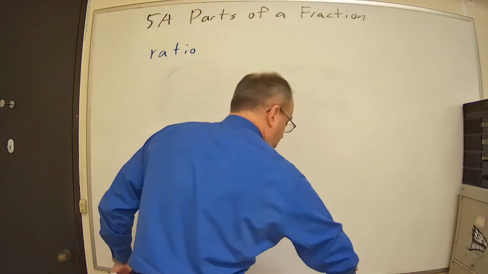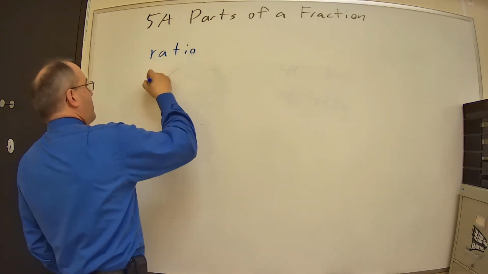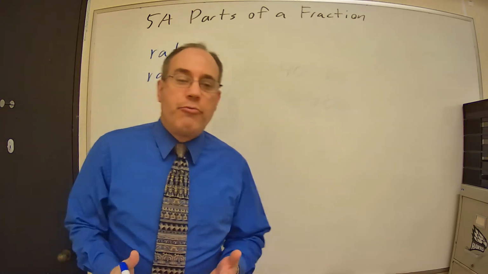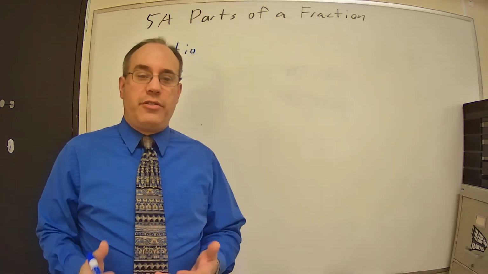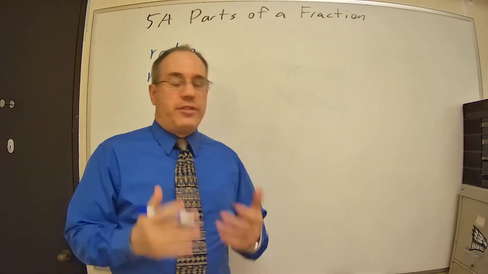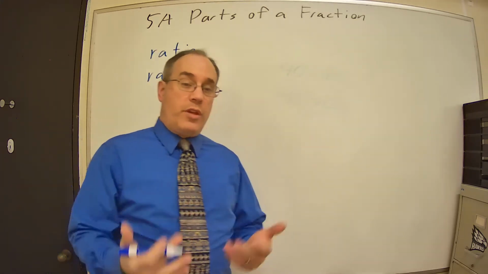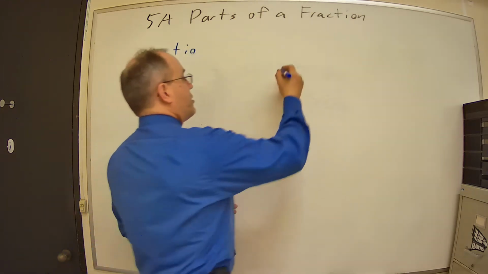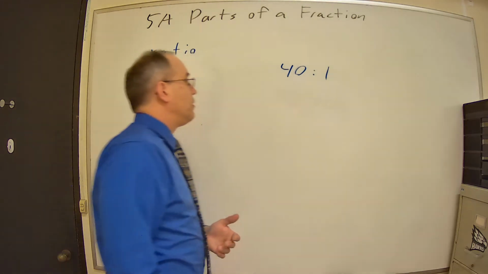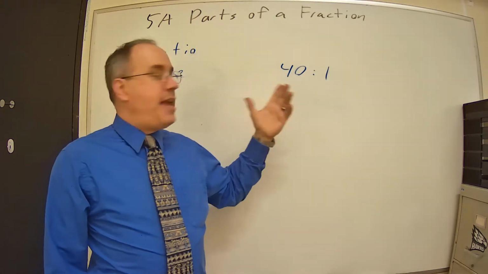Let's talk about a ratio. Well, what about a rate? A rate is a ratio where there are different units. Like I said with the 40 to 1, it's really the same units.